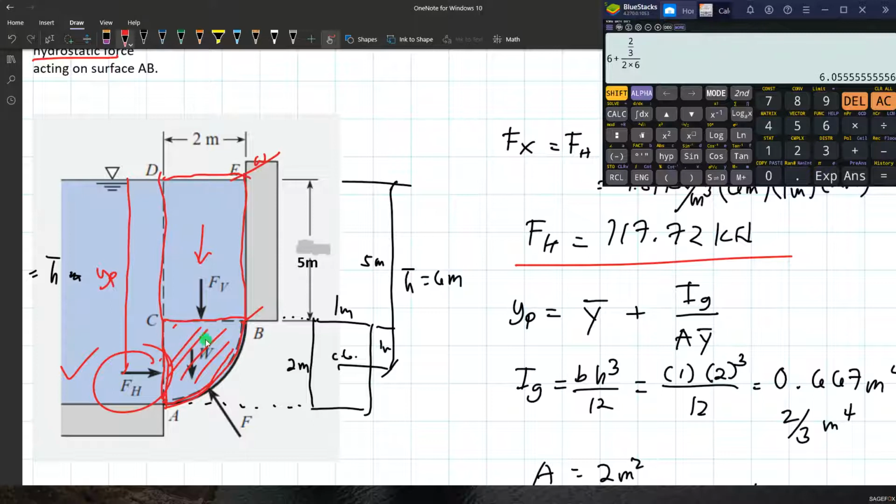Okay, so we have two vertical forces right here.